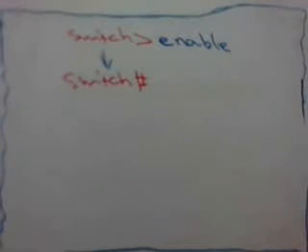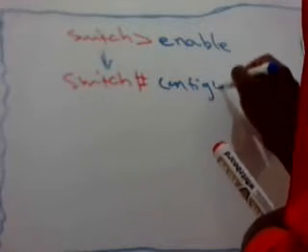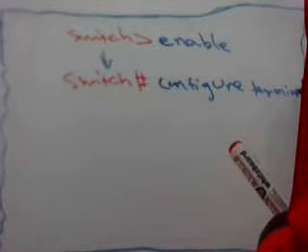Now when I'm here, I need to access global configuration mode, because I know that all the configuration I'm doing has to be done in global configuration mode. That means I need to move from user up to global. So I'll enter a command called config terminal. Config what? Terminal.